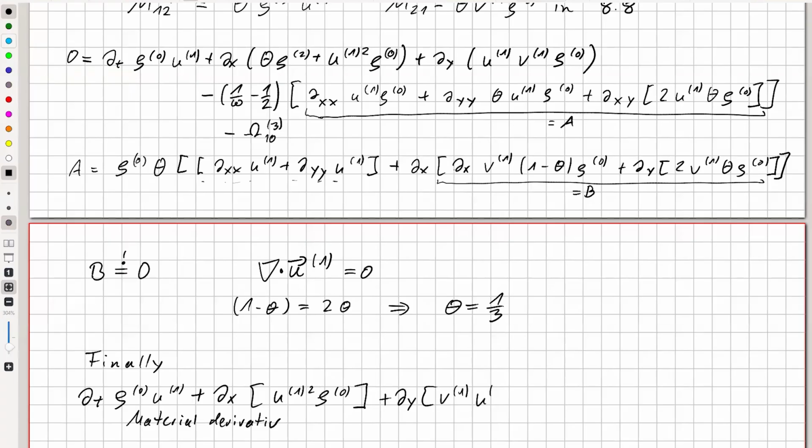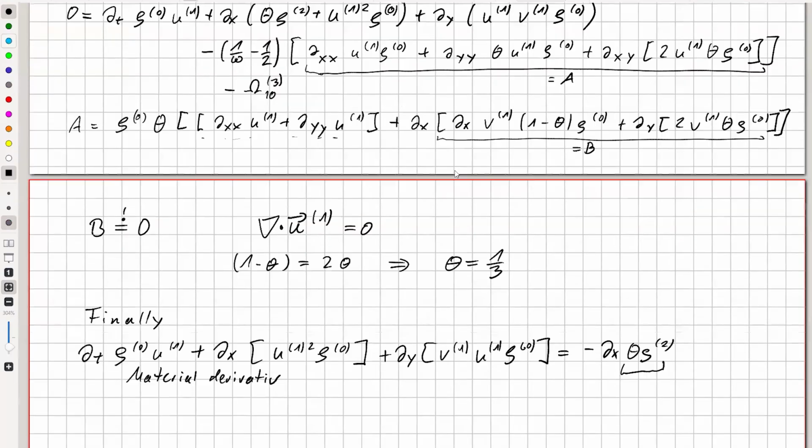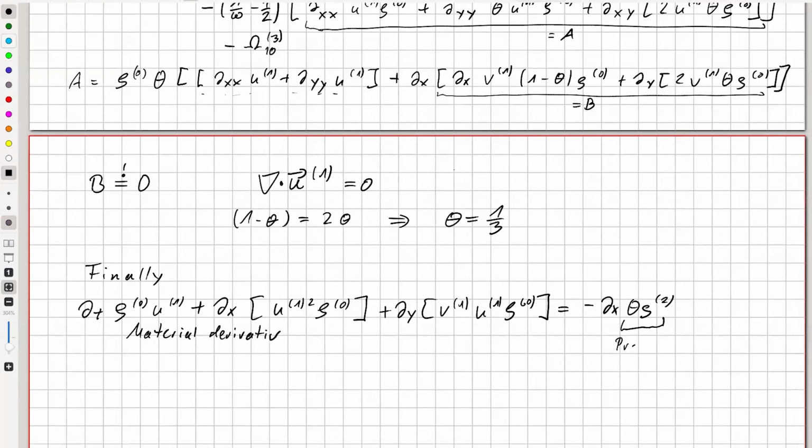V1 U1 rho 0 equal to minus dx theta rho to second order. Now you see that theta rho to second order, we have the second order as the pressure, plus theta rho 0. Okay, I'm going to write this in the next line, it's better.